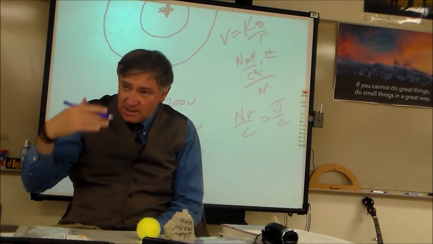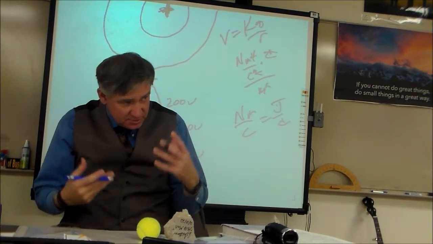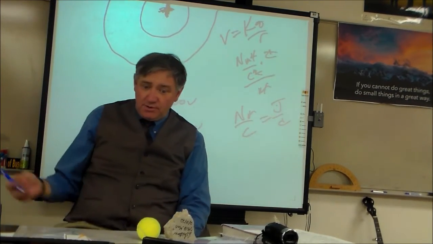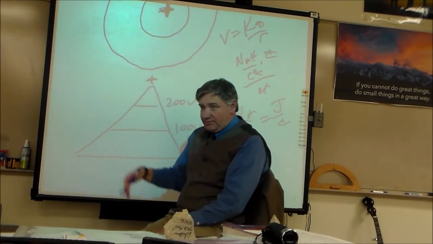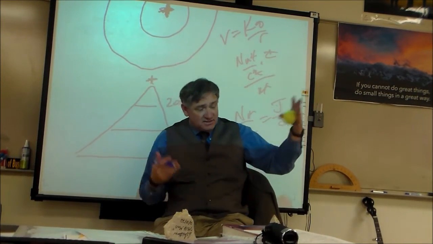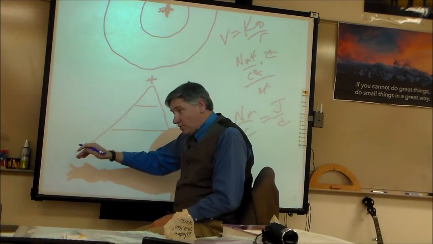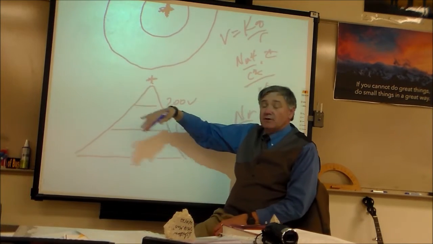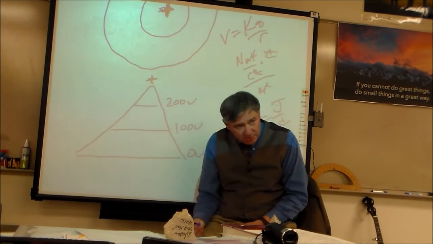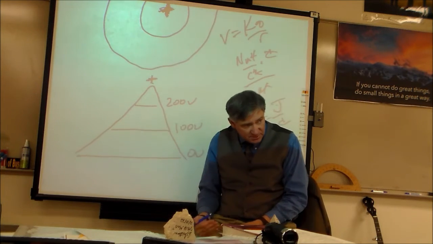So instead of potential energy just being measured in joules, like you're going to push a rock up here, and if you're just pushing a rock, that's just going to be measured in joules. But because we're in effect pushing a positive charge up here, if you're talking about voltage, it's how much energy there is per unit of charge.